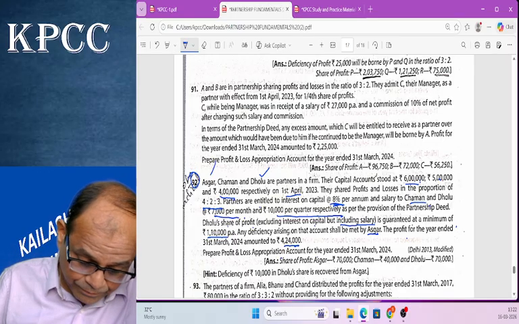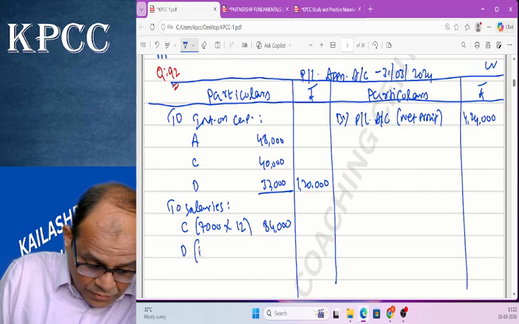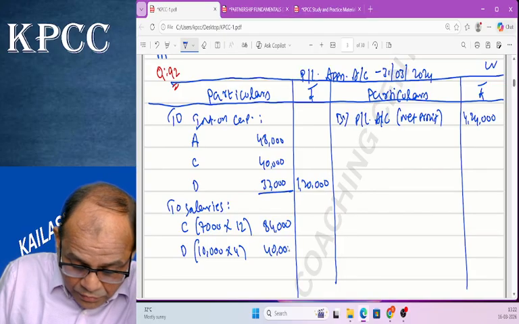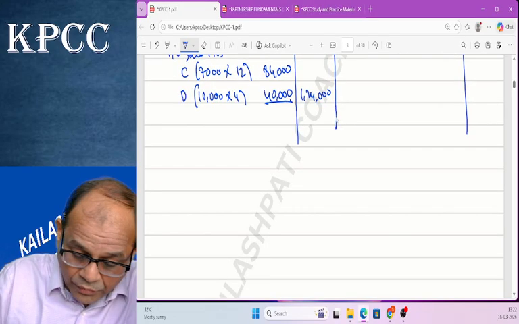And Dolu, 10,000 per quarter, yearly 4 quarters, 10,000 into 4, 40,000. Total 1,24,000.